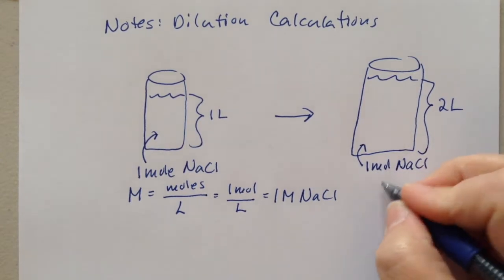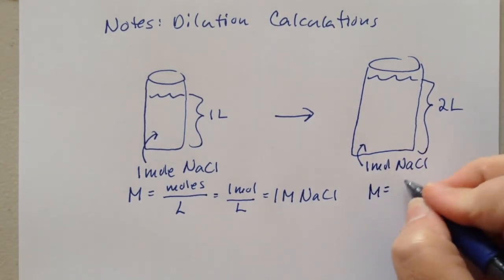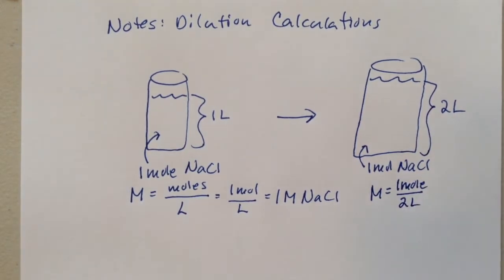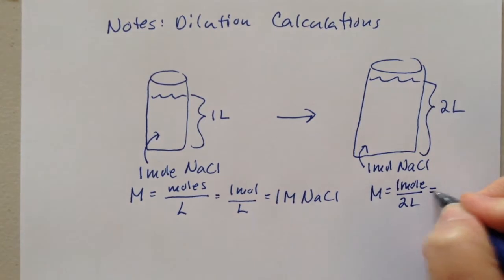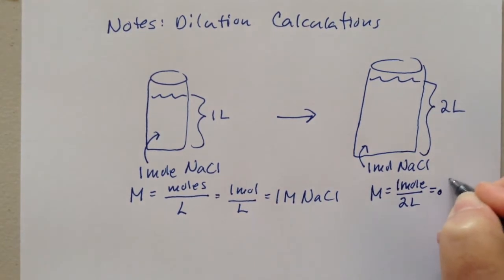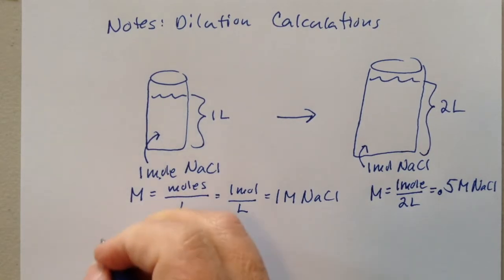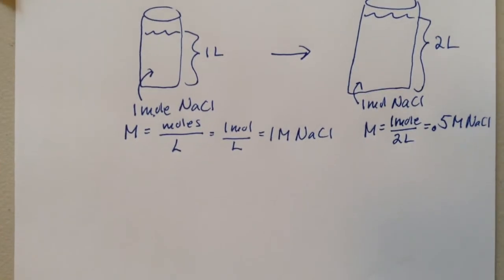So now we can say that the molarity is 1 mole still, but it's in 2 liters. So we've diluted it, and the new molarity is 0.5 molar NaCl. The thing that was the same before and after is the number of moles. So that's the principle.